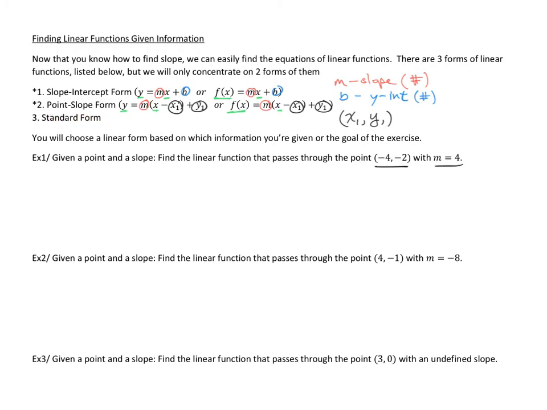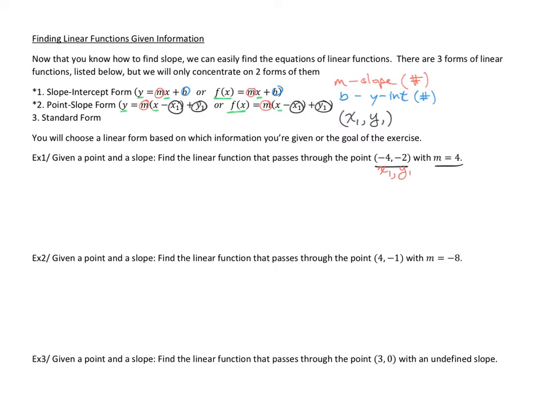I mean, we name these as they are, so we can use them. So we have a point, we have a slope. Let's use the point slope form. So I'm going to call this negative 4 x1. I'm going to call this negative 2 y1. And the m is already equal to 4.